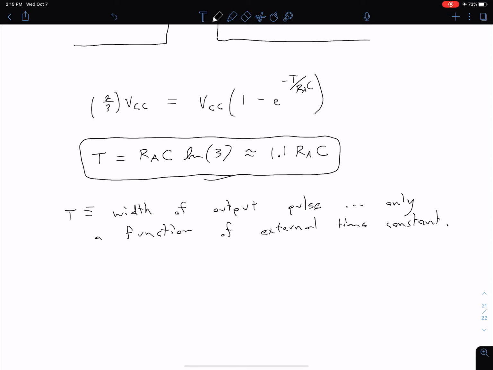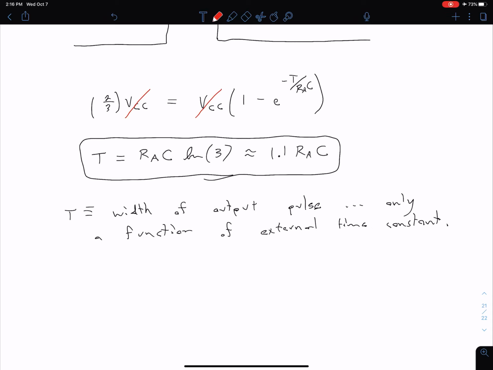And so note, implied in that is that we do not have a dependence on our VCC value. Note here, these two VCCs are canceling out. What that tells us is as long as we are in proper range to be powering all of these components inside, so our comparators, our transistor, various things like that, as long as it's high enough to power it and not too high to cause damage, we're going to have this relationship which is independent of that power supply. So very cool stuff here.